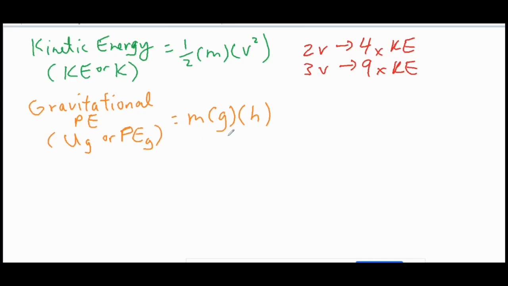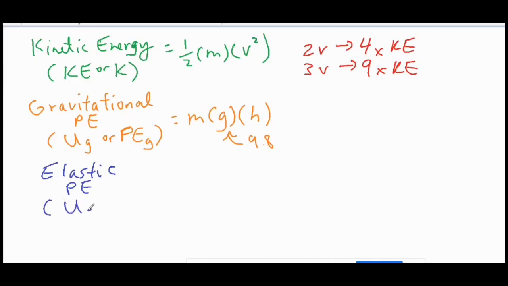And then all of those are direct relationships, and then g is the constant 9.8. And this one is similar to kinetic energy in the sense that the mass is usually fairly constant. The g is a constant, so h is our determining factor in telling us if we have more or less gravitational potential energy.